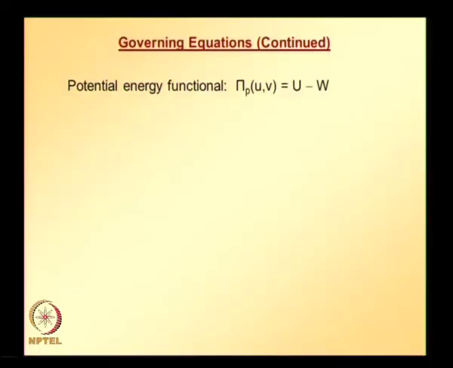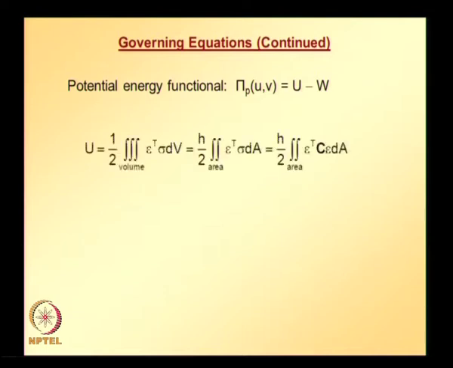before we proceed to derive the finite element equations for a specific element, we need to know the equivalent energy potential for plane stress and plane strain problems, or basically for elasticity problems, which is given by this potential energy functional, pi is equal to U minus W, where U is nothing but the strain energy, which is given by this equation, and W is the work done by the applied forces.